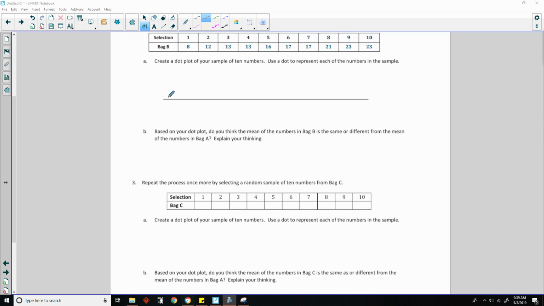So I will start here, and I'll put an 8, and I'll go in intervals of 2, 10, 12, 14, 16, and so on. I'll stop talking now.